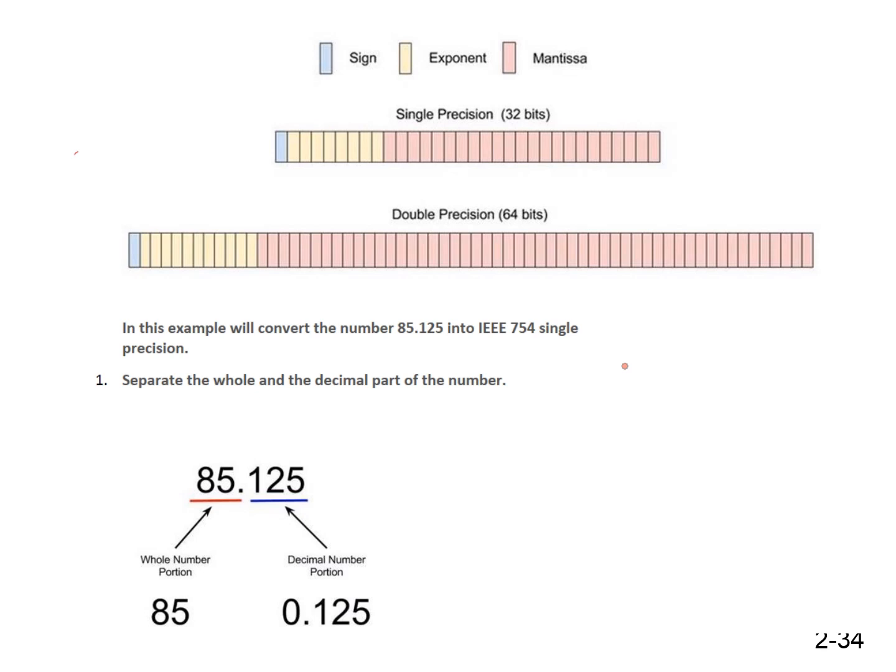So let's walk through this real quick. Let's dissect the 32 bits. The most significant bit is our sign. Then we have an 8-bit exponent.